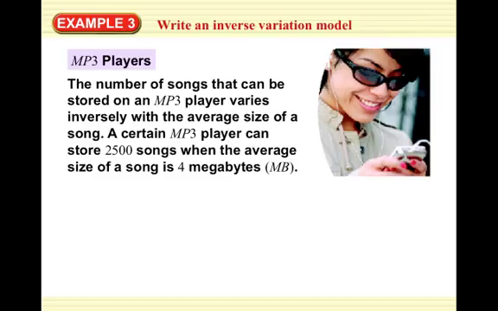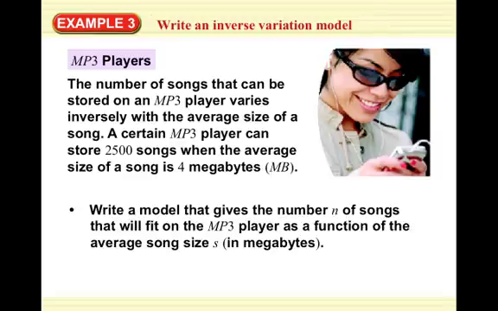Okay, the number of songs that can be stored on an MP3 player varies inversely with the average size of a song. A certain MP3 player can store 2,500 songs when the average size of the song is 4 megabytes. Write a model that gives the number n of songs that will fit on an MP3 player as a function of the average song size, s, in megabytes.